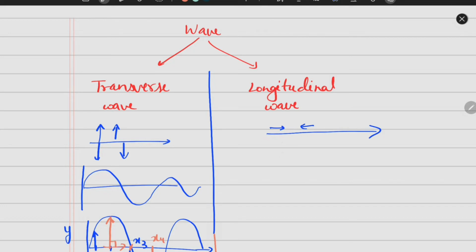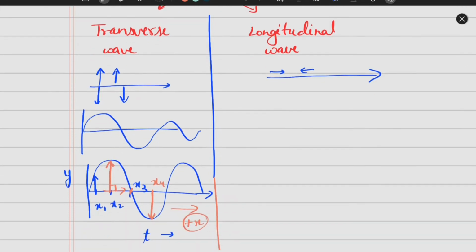It means that there is a parallel relation between the propagation and the displacement. So the examples of the longitudinal wave are the sound wave, acoustic waves.